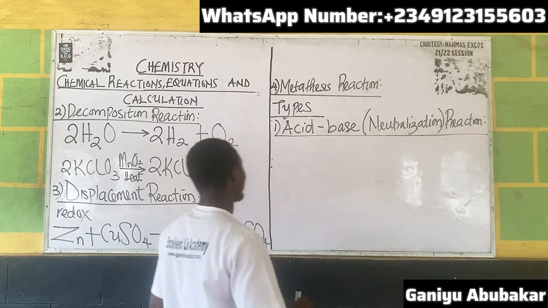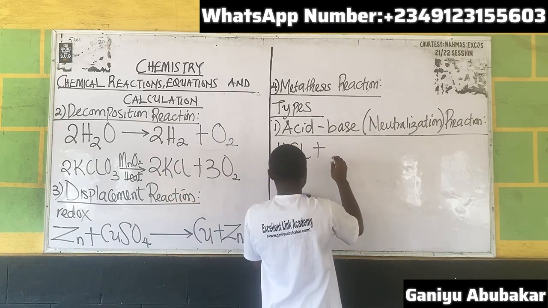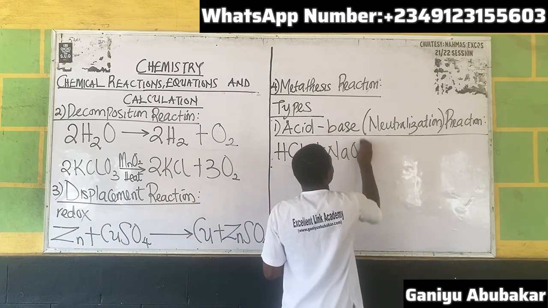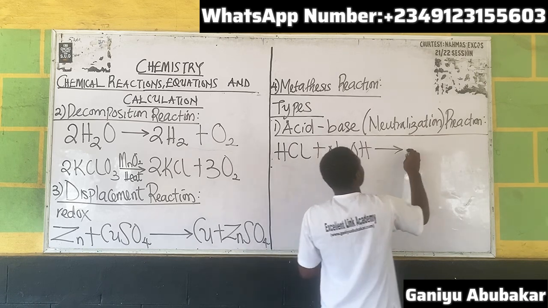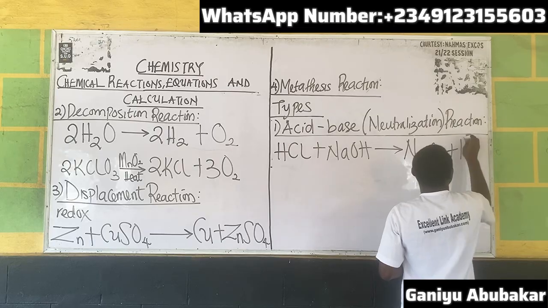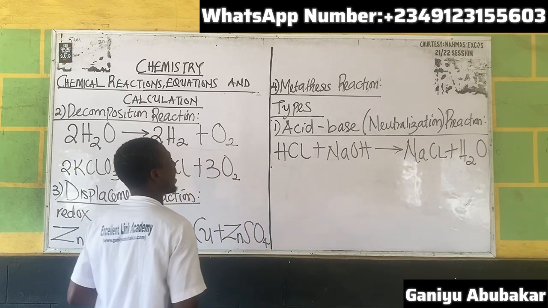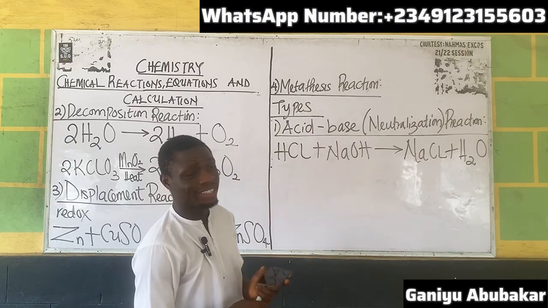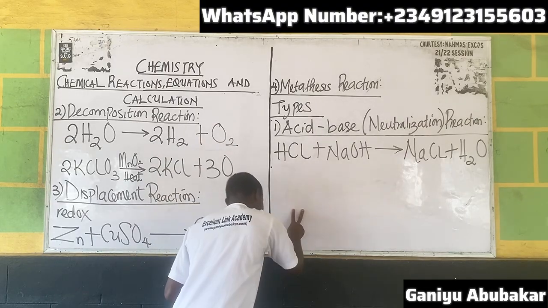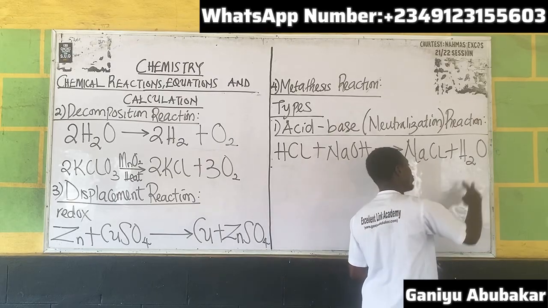Example, say HCl, hydrochloric acid, combines with NaOH to give you sodium chloride, NaCl, plus water, H2O. Now, how do you spot an acid-base reaction? It's easy. You have an acid combining with a base to give you salt and water.